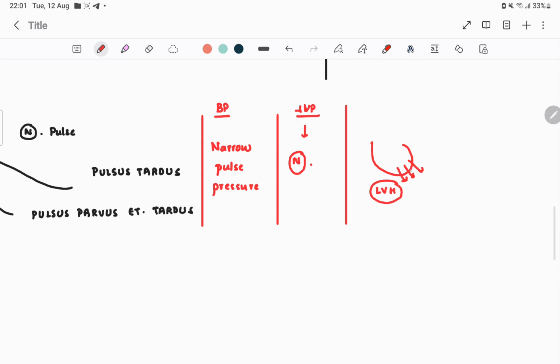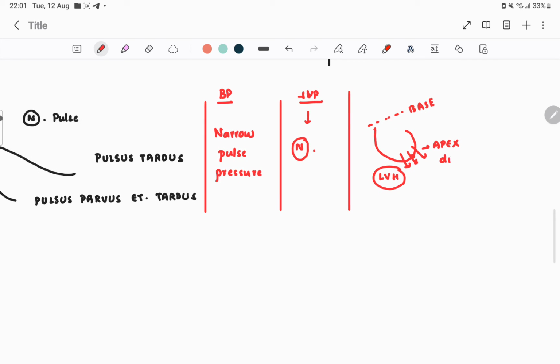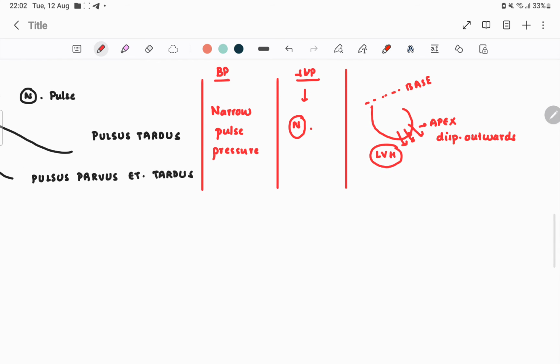This is the apex, this is the base. So the apex of the heart is displaced outwards. Okay, and this is called a heaving apex. Heaving apex is a characteristic.